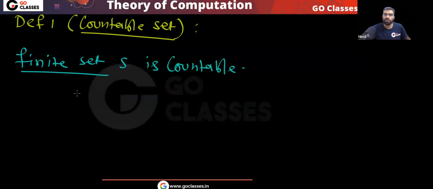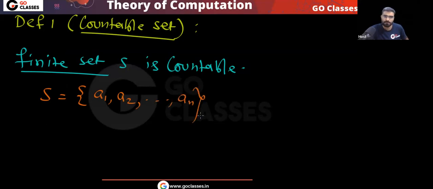Now you can notice, if I give you a finite set, can you put the elements in a sequence? From definition number 1, we already know that a finite set is countable. Let's assume this is a finite set. Can you put these elements in a sequence?